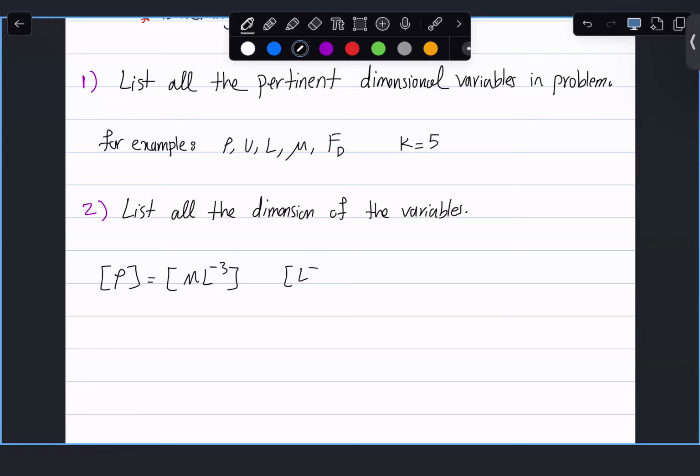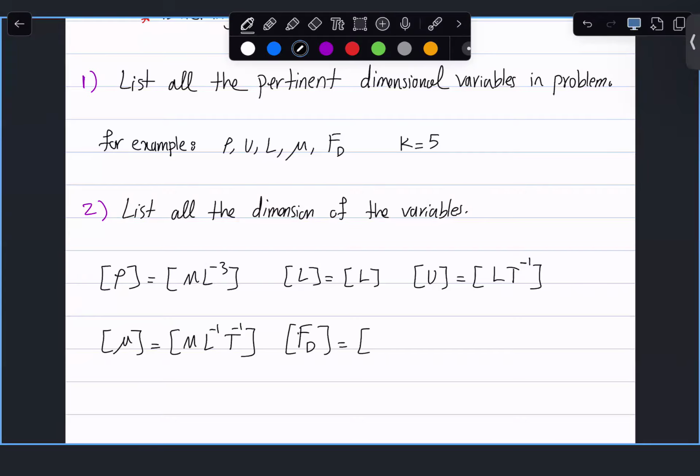I have L in my problem, which is a length. I have U, which is L divided by time. I have mu, which is M L to the -1 T to the -1. And we have a force, which is M L T to the -2. Right, so you want to write down the dimensions of these variables. That's the second step.